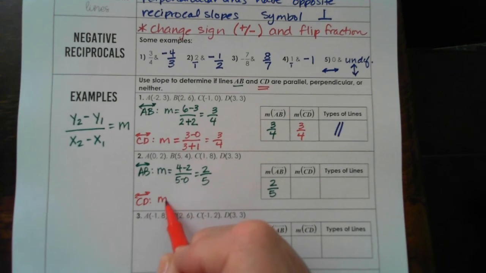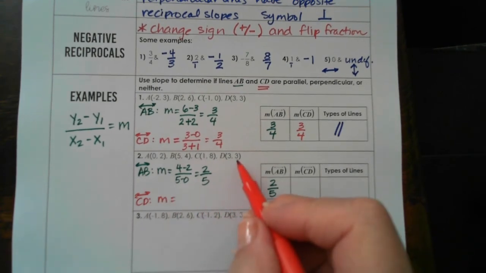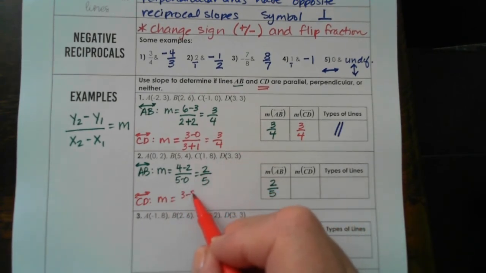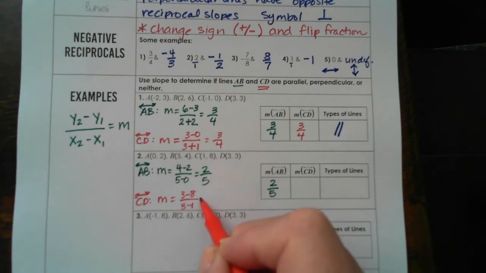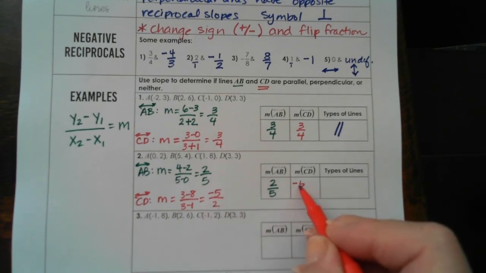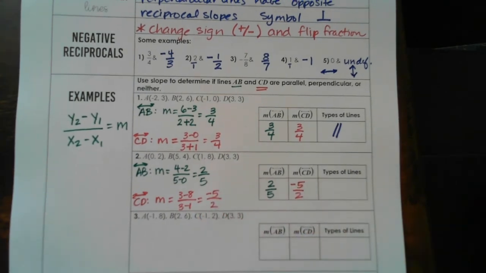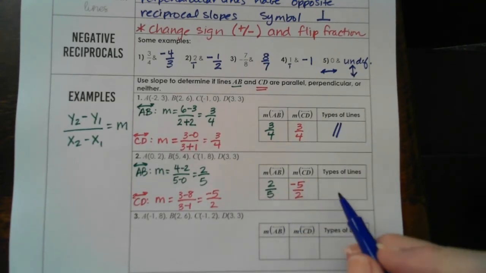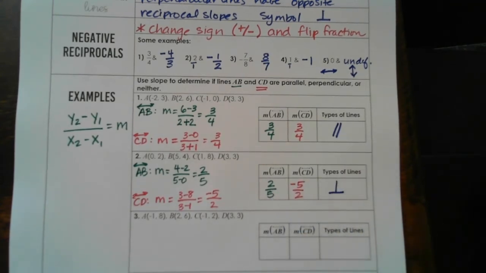The slope of CD is 3 minus 8 over 3 minus 1, which is 3 minus 8 is negative 5, and 3 minus 1 is 2. We have negative 5 halves. Well, they are opposites. One's positive and one's negative, and they're reciprocals of each other, which means they are perpendicular lines.